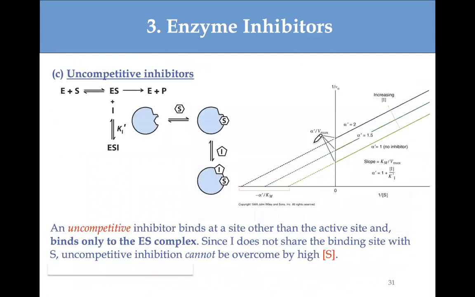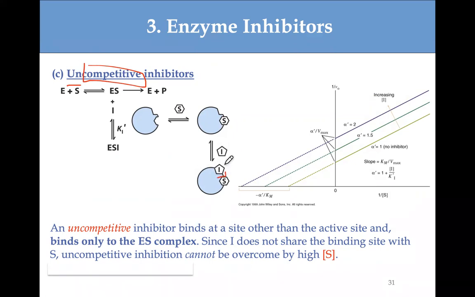And for the last type, the uncompetitive inhibitors. From their name, they don't compete on the same site with the substrate. The substrate still can bind to its enzyme. However, the uncompetitive inhibitor doesn't bind until the substrate and enzyme are bound together. Once the enzyme binds to its substrate, these uncompetitive inhibitors come and bind to them.